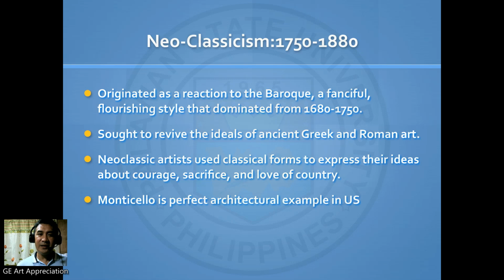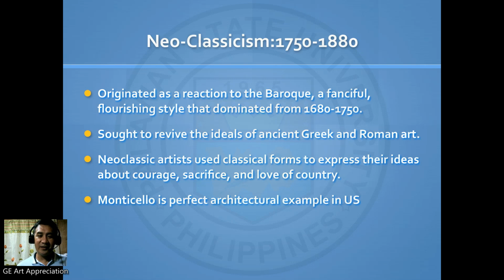Let's take a look at Neoclassicism during 1750 to 1880. It says here, it originated as a reaction to the Baroque, a fanciful, flourishing style that dominated from 1680 to 1750. It sought to revive the ideals of ancient Greek and Roman art.